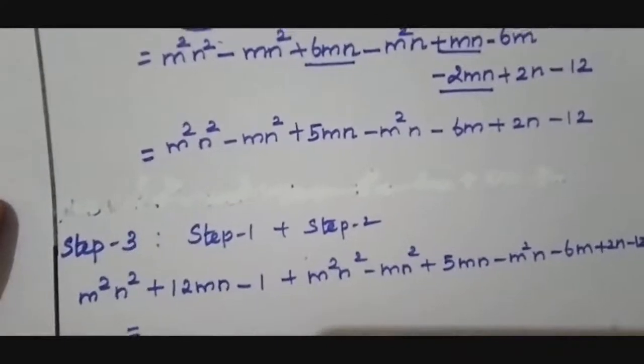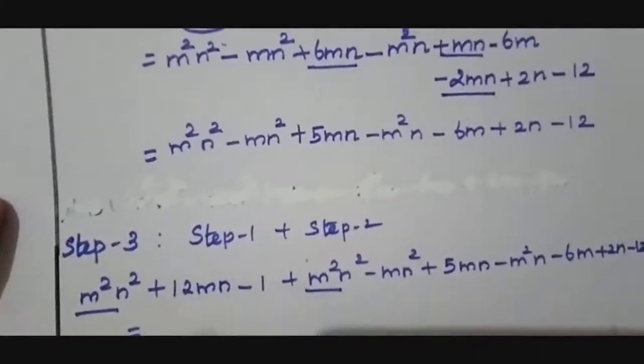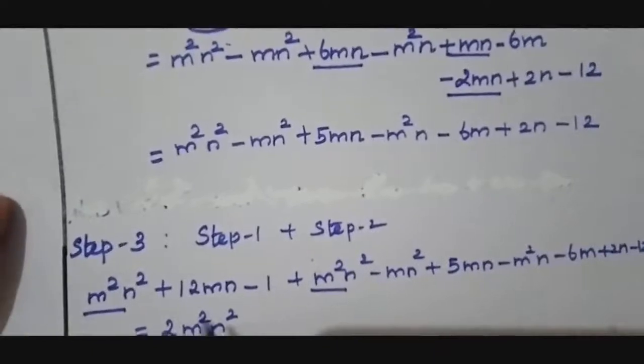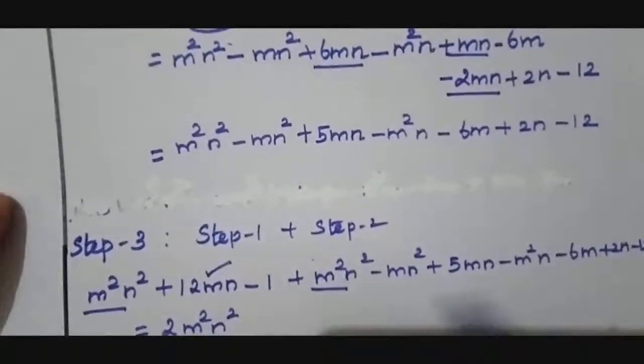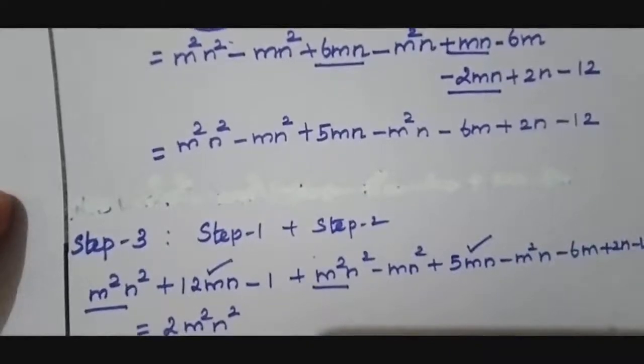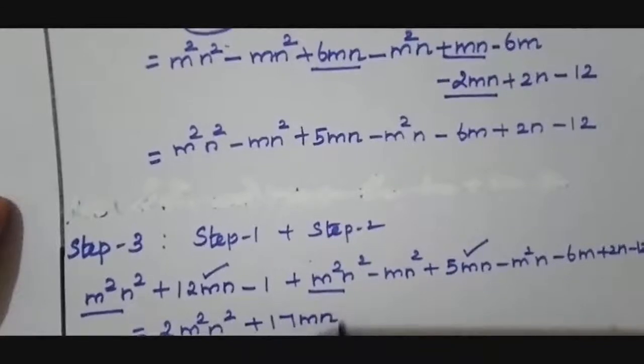which is equal to m square n square plus m square n square is equal to 2m square n square. Here this is plus 12mn and plus 5mn is equal to plus 17mn.